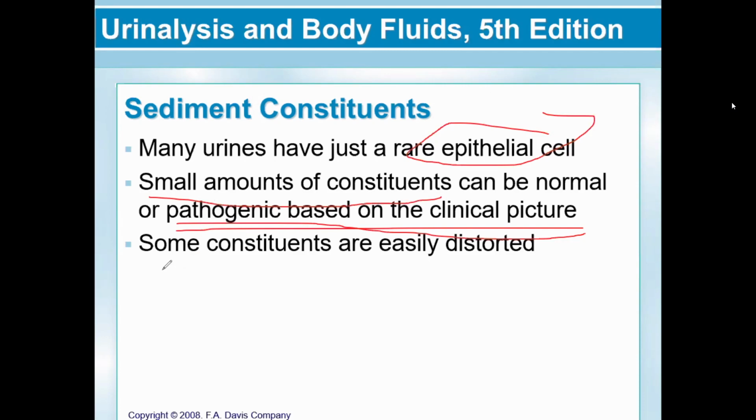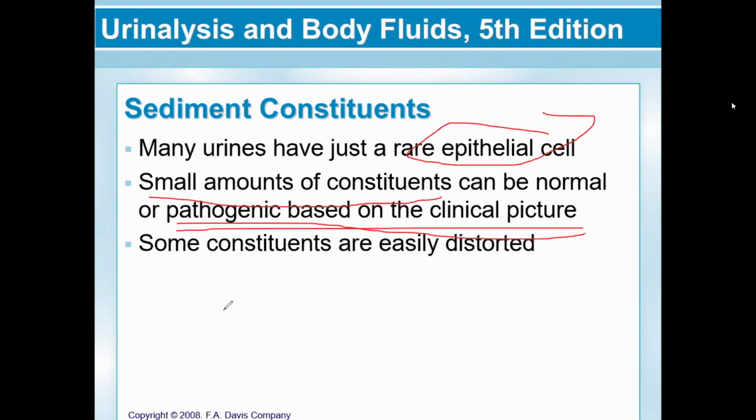Okay? So, some constituents, okay, are easily distorted. Okay? Bakit? For example, di ba, pag highly alkaline yung urine natin, lalo na pag unpreserved yung urine natin, ano nangyayari? Yung mga white blood cells natin, yung mga RBCs natin, naglalise sila, okay? Some becomes crenated, di ba? So, ano nangyayari?